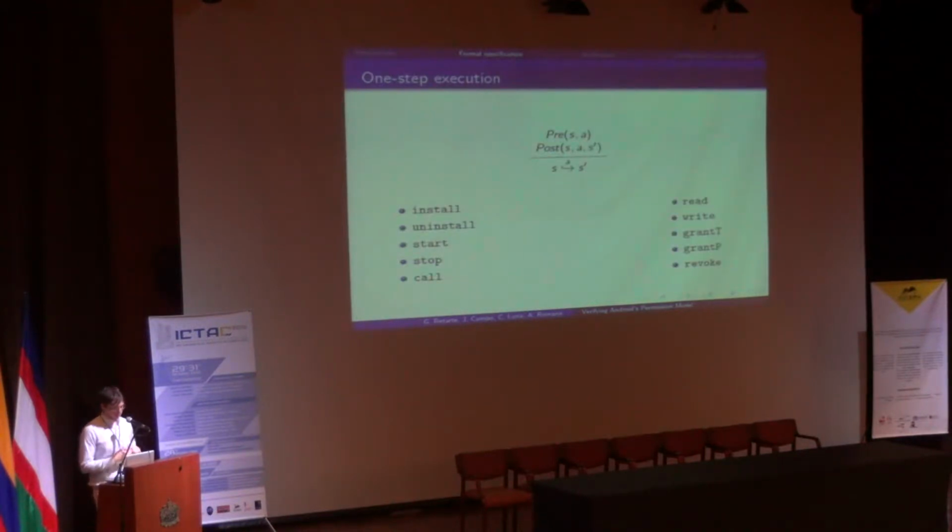More formally, this relation holds if the origin state satisfies all the preconditions imposed by action A to be fired, and if the target state represents the effect produced by executing action A on the origin state.